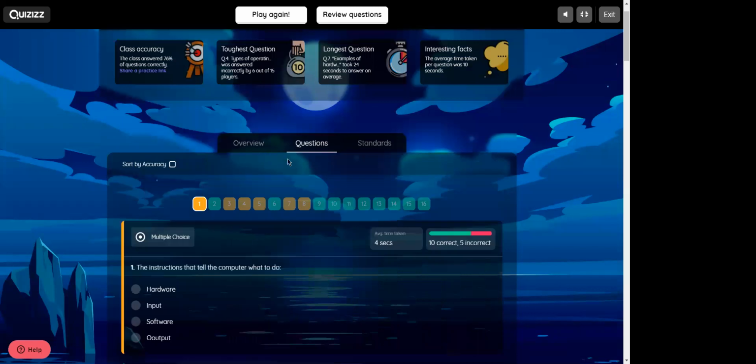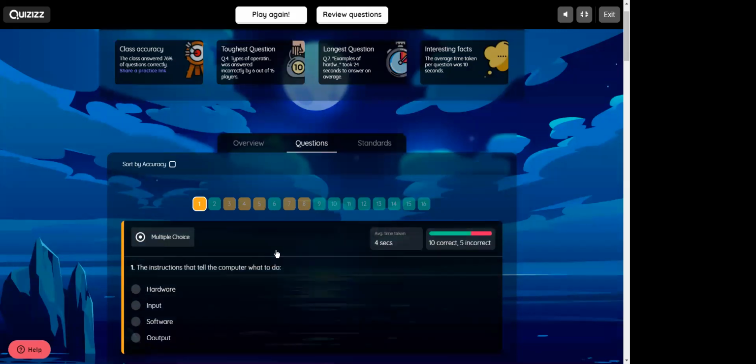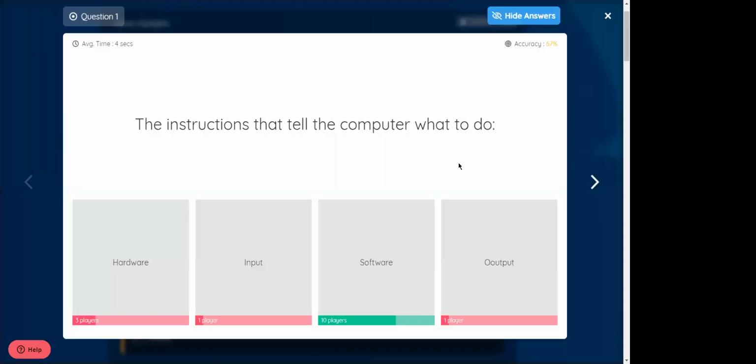Let's see the questions. The first question: the instructions that tell the computer what to do. Which component will give the instruction to the computer? Software.